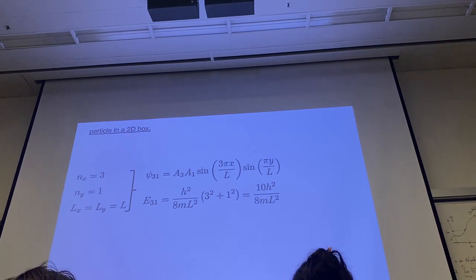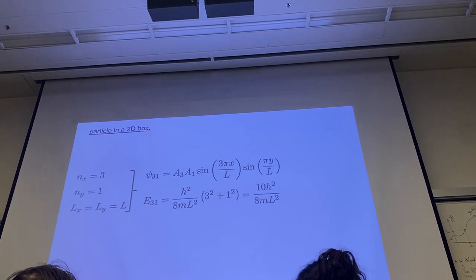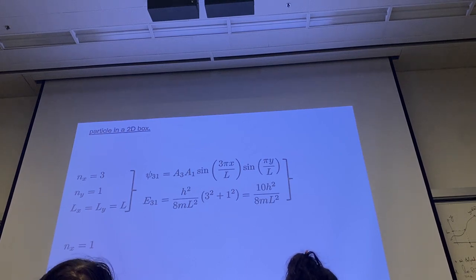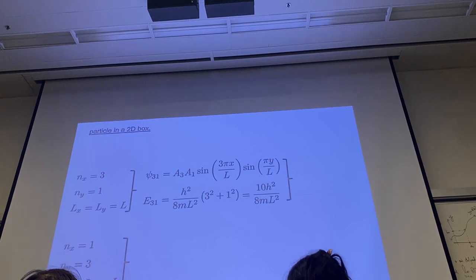Okay, fairly well. Let's take another scenario. Now I'm going to say nx equals 1 and ny equals 3. So I'm going to switch. Of course, the box is still the same, so a square box. What is the form of this wave function?